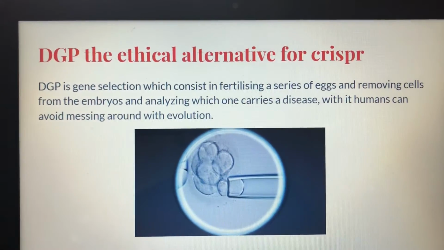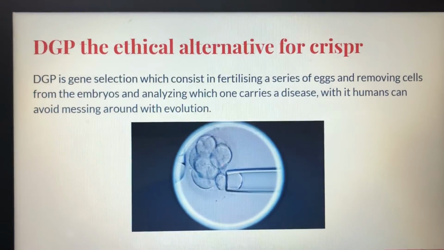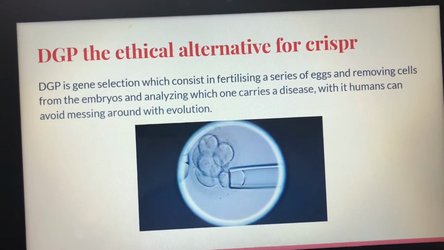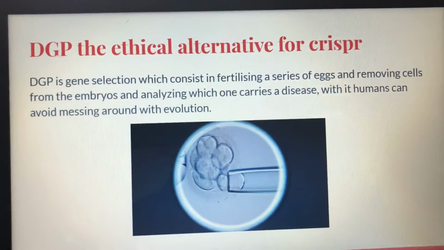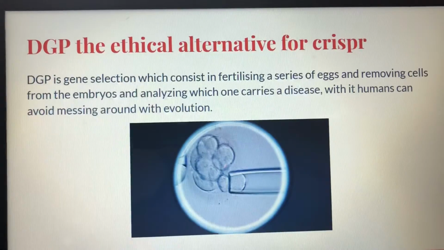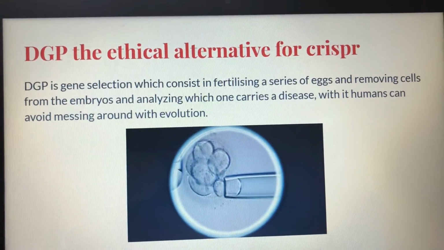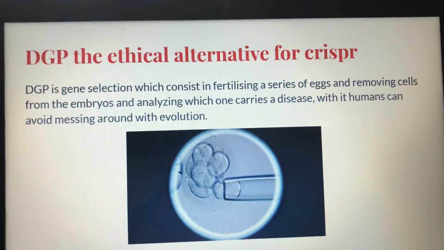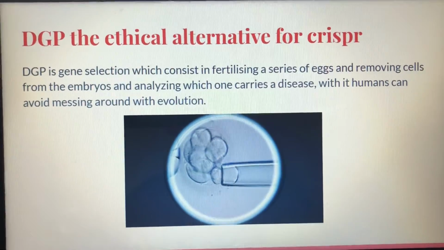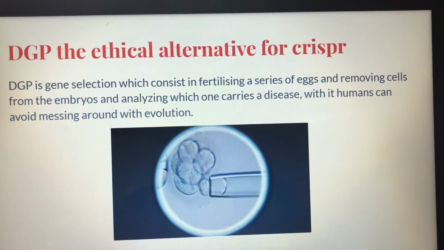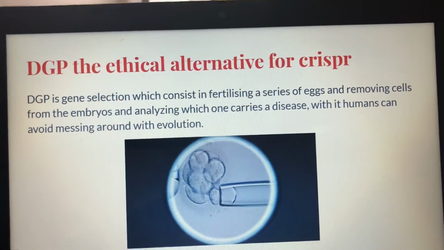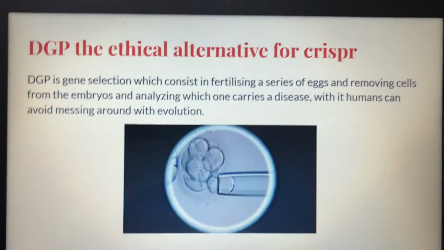PGD, the ethical alternative for CRISPR. PGD is gene selection, basically, which consists of fertilizing a series of eggs, removing cells from the embryos, and analyzing which one carries a disease. With it, humans can avoid messing around with evolution. Actually, PGD has been used for almost 30 years now.